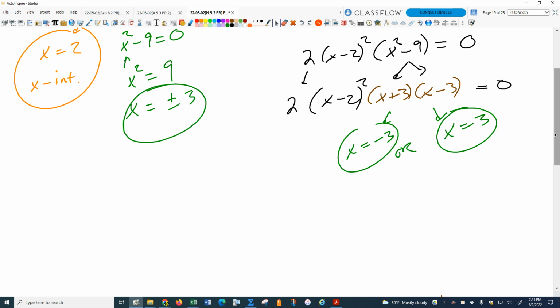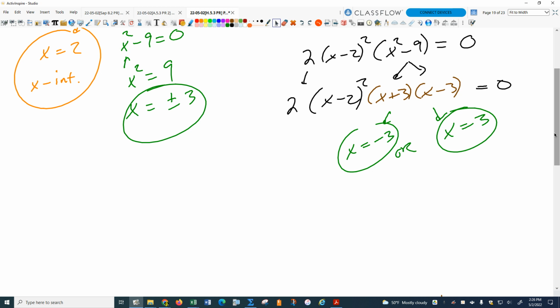And it's going to cut through the x-axis like the parent graph would, right? So in this case, I've got an x plus 3 to the 1 and an x minus 3 to the 1. So those are going to cut through. Those are linear factors, right? So those are zeros that are going to cut through the x-axis like lines do.